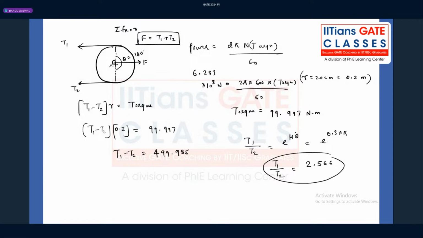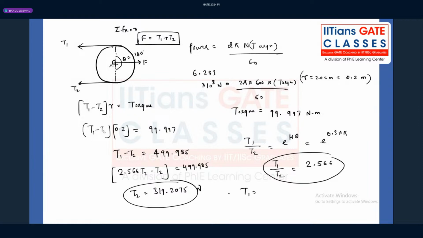Remember, theta is the angle of wrap: how much angle both the ropes are making with the pulley at the center of contact. So T1 is 2.566 times T2. T1 minus T2 is 499.985. Obviously, if you try to calculate, T2 will be 499.985 over 1.566, that will be 319.2075.